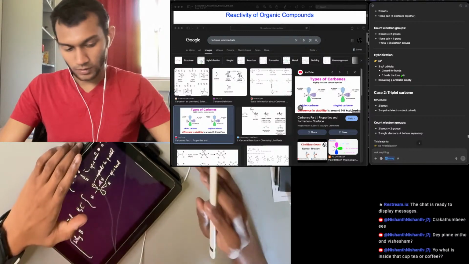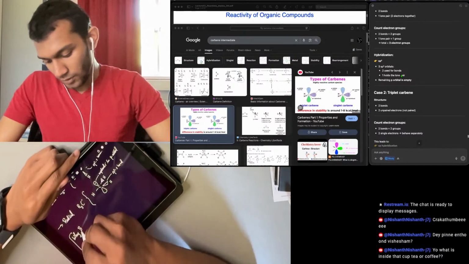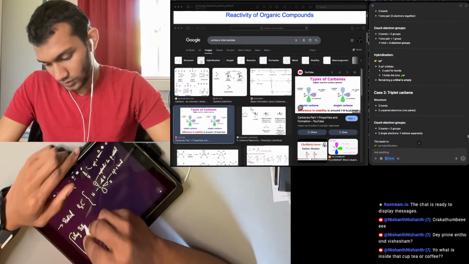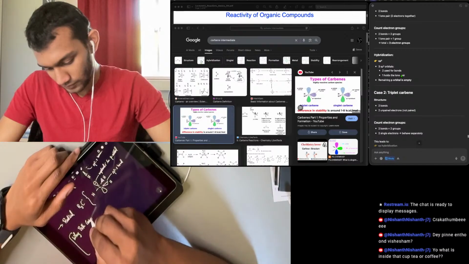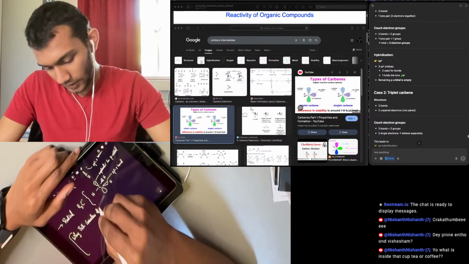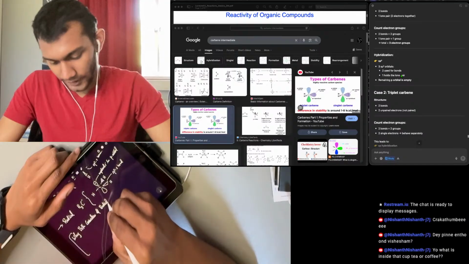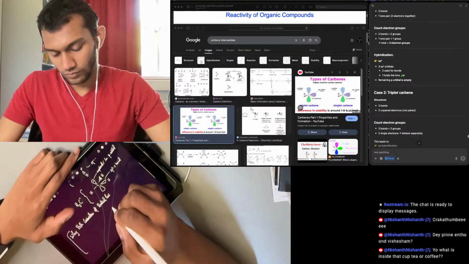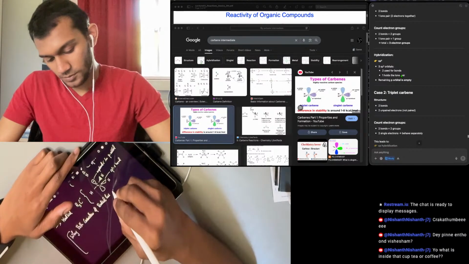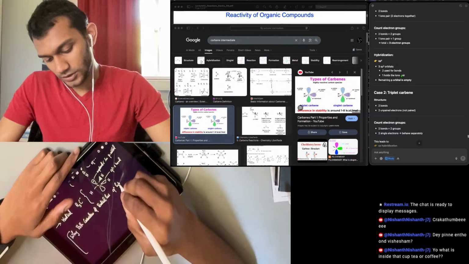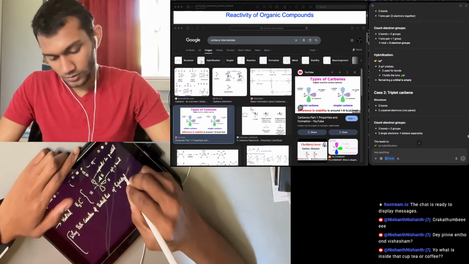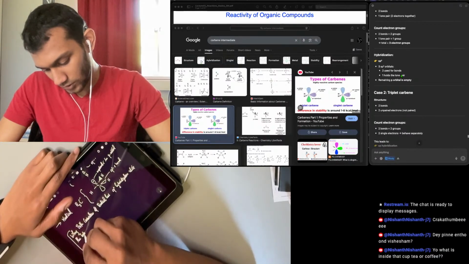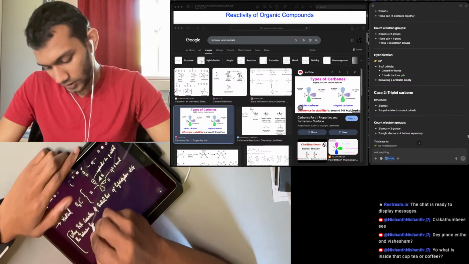Okay, what was I writing here? Why both the carbocation and radical have sp2 hybridization, while the carbanion has sp3?